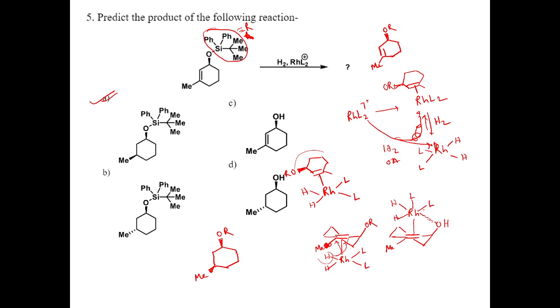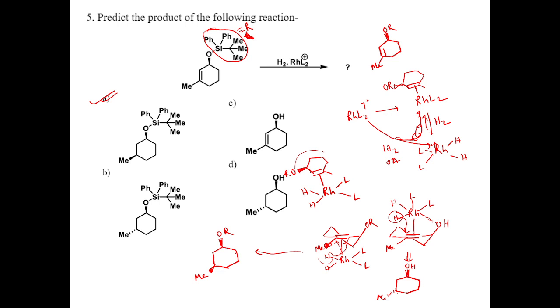Okay, so because of that, the hydrogen can attack from the upward direction. So if hydride can attack from the upward direction, this Me will go down. Then in this case you will get this product. But in that case, you will get the other one, right?